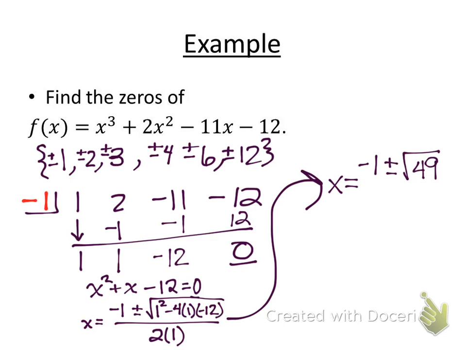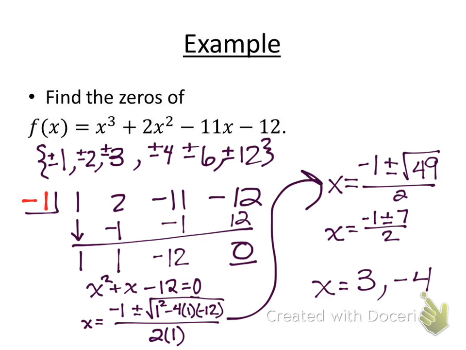In the discriminant, we get a square root of 49, which is good, because if I'm able to factor a trinomial, then these radicals should end up perfectly. Now, two possibilities. Negative 1 plus 7, that's 6 divided by 2, so we have 3, or negative 4, which is what we would have gotten if we had factored.